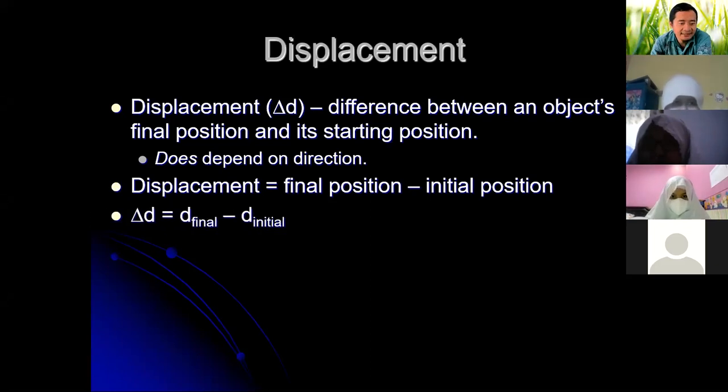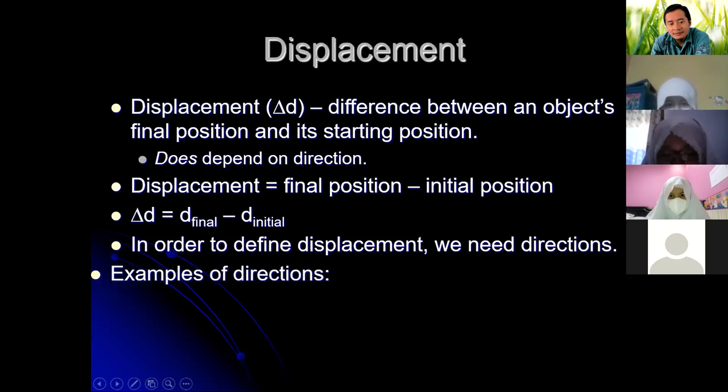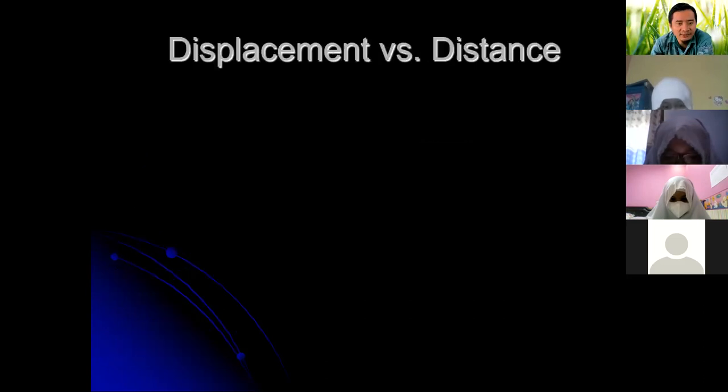The notation is delta D equals D final minus D initial. In order to define displacement, we need direction. Examples of direction: plus and minus, north, south, east, west, and angles are okay.